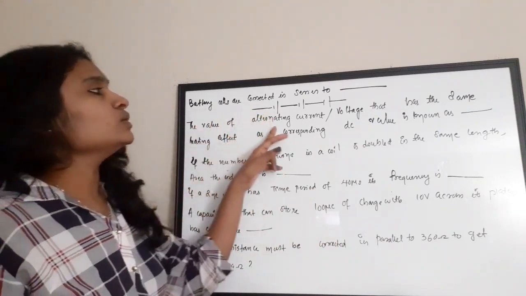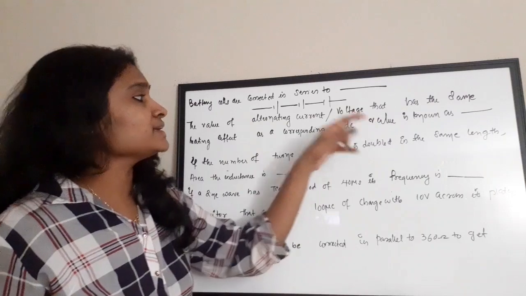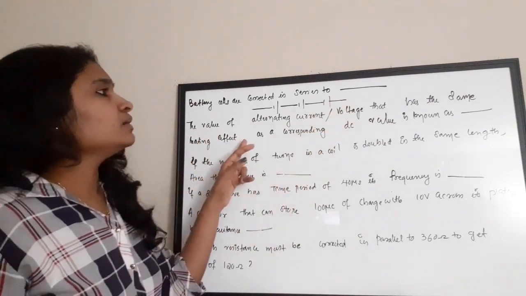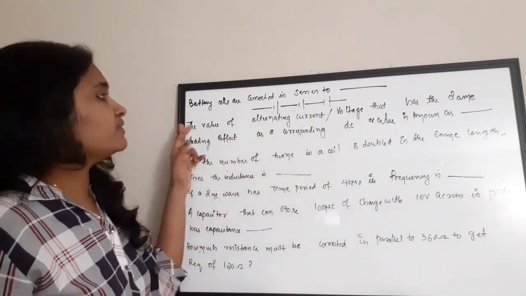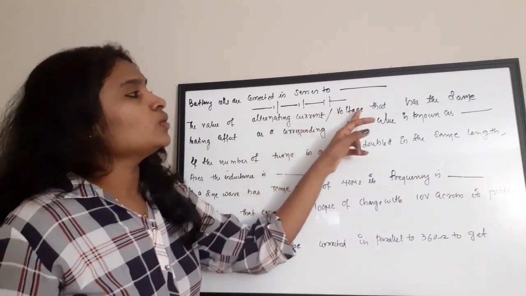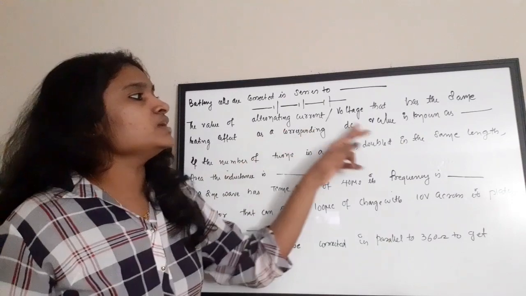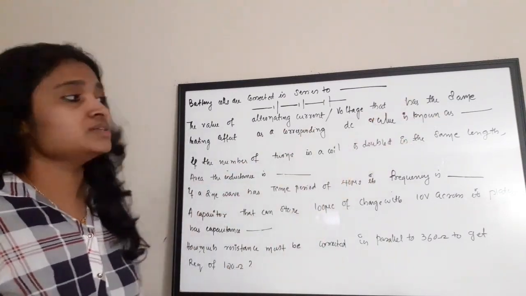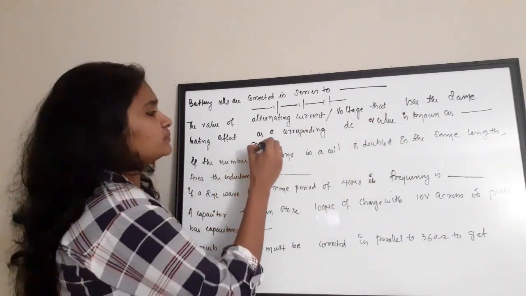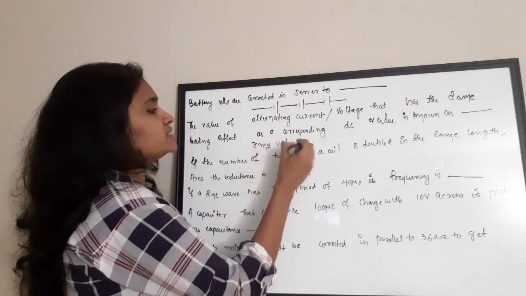The value of alternating current or voltage that has the same heating effect as a corresponding DC value is called dash. It is called the RMS value. So what is the RMS value?